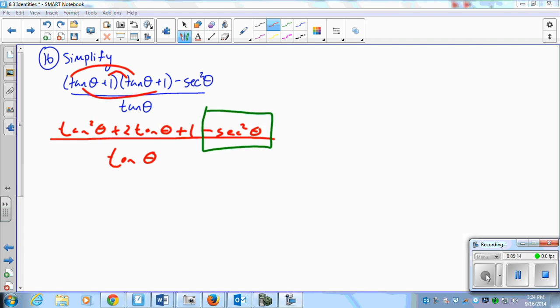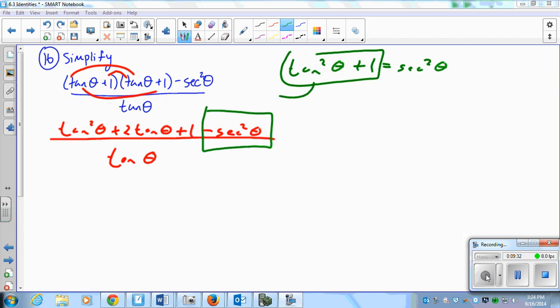So I want to use my Pythagorean identities, and one of them states that tangent squared theta plus 1 is equal to secant squared theta. So if we do this substitution here, then I can get things in terms of numbers and tangents. Remember that it's minus secant, so everything has to be multiplied through by a negative sign.